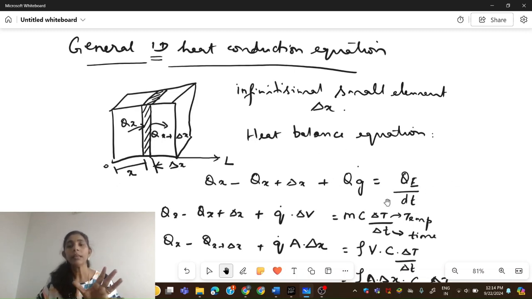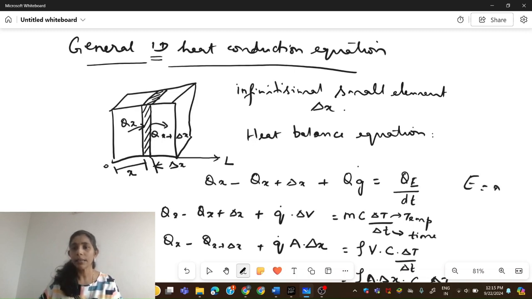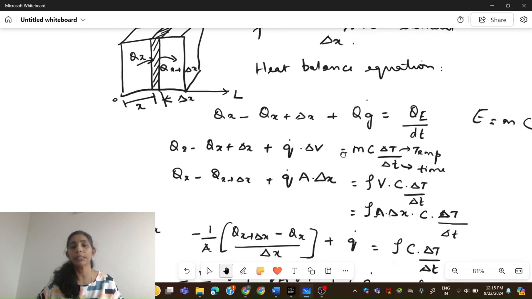So I'm writing this. The next step is Qx minus Qx plus delta x remains the same, and this into volume, so Q dot into delta V, that is equal to energy. Energy is mc delta T, so it is mc into delta T. Here it is change in energy, so you have change in energy with respect to time, with delta T, that is time, in the denominator.